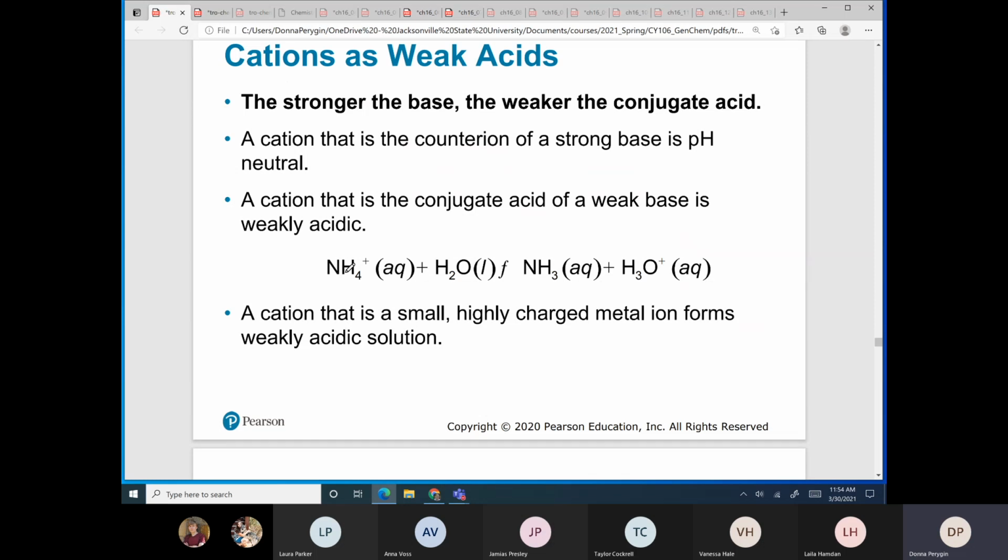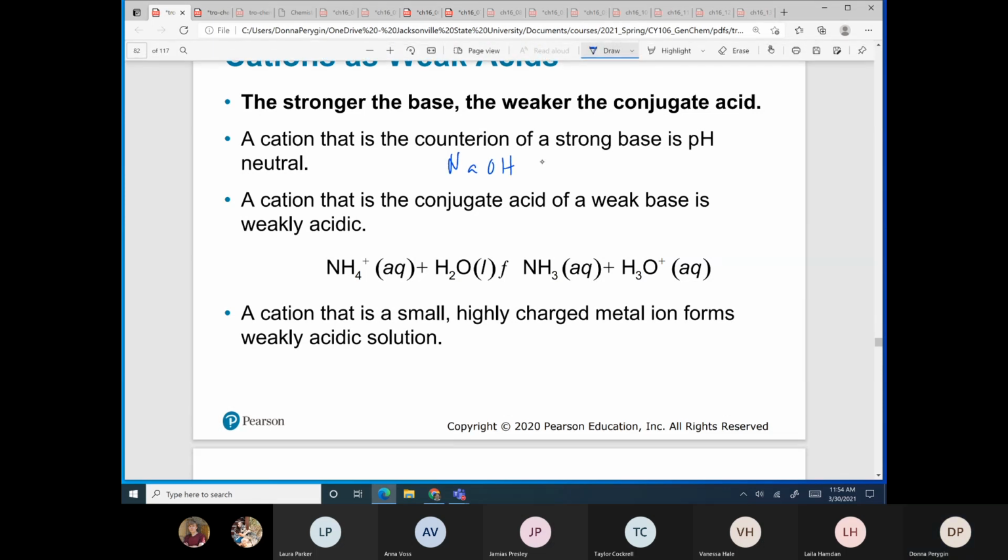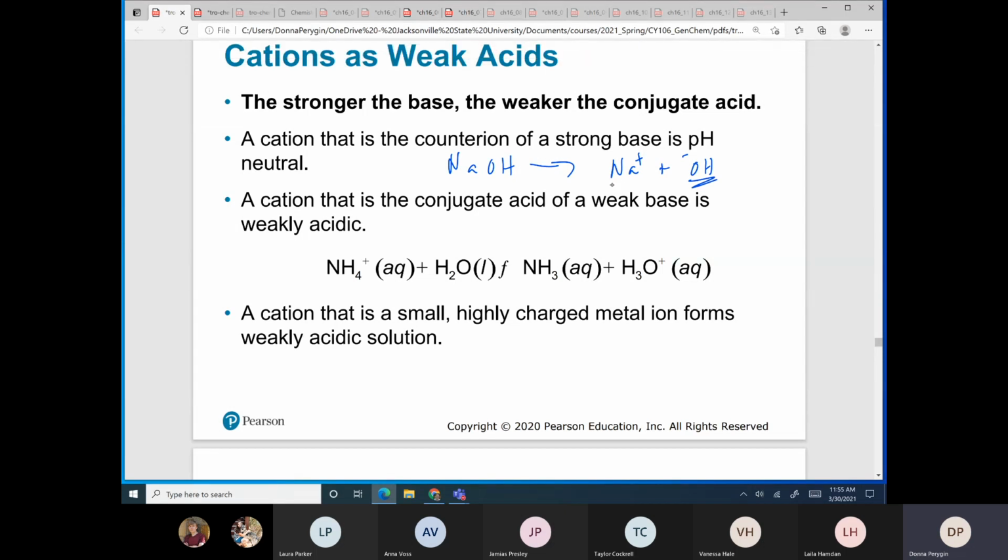All right, so a strong base like sodium hydroxide, if you put that into solution, it's going to dissociate into Na plus and OH minus. Hydroxide is always going to increase the hydroxide ion concentration, but the cation here is the conjugate acid of that strong base, and it can't increase the hydrogen ion concentration.